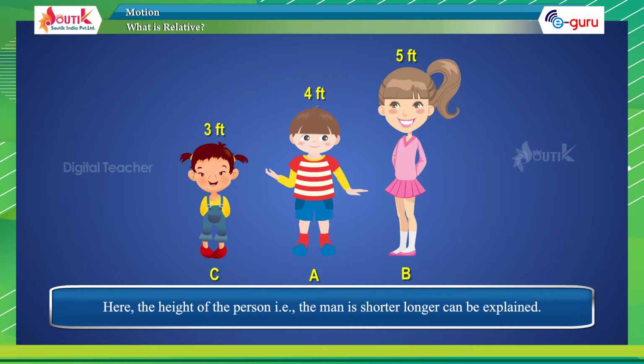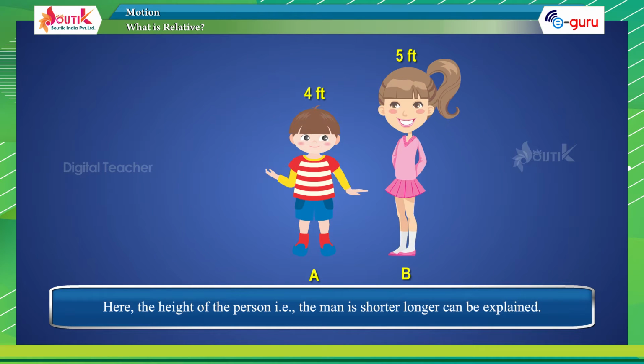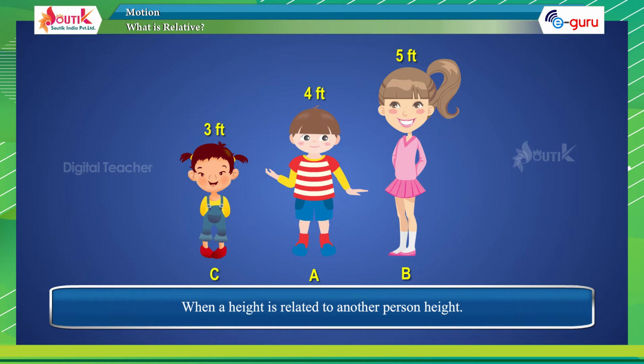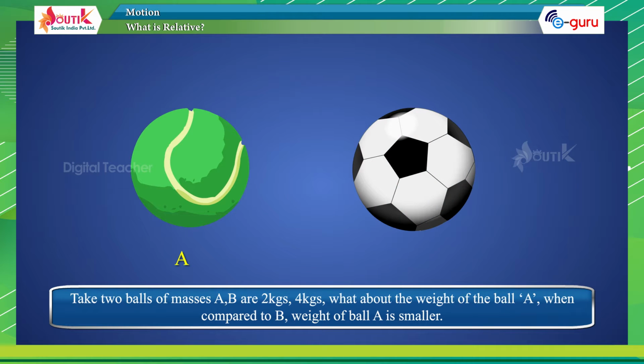Here, whether the person is shorter or taller can be explained only when the height is related to another person's height. Or, we can say that height is relative. Take three balls A, B and C, where the masses of A and B are 2 kg and 4 kg.